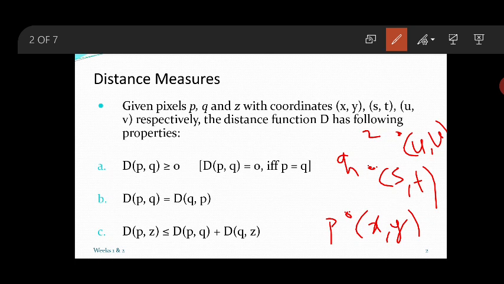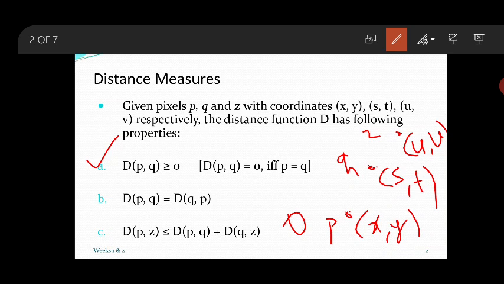Now, if P is equal to Q, means there is no Q point, the distance between the pixel itself is considered as 0. I hope you understood. That is the first factor to understand.